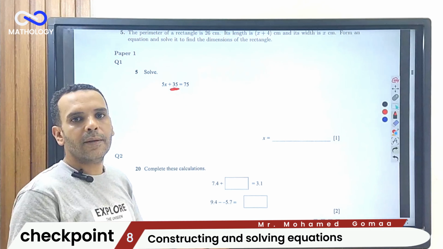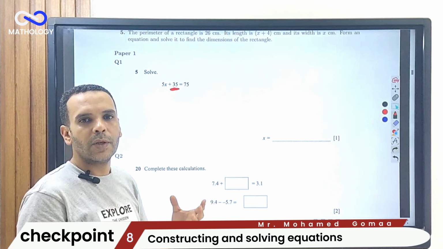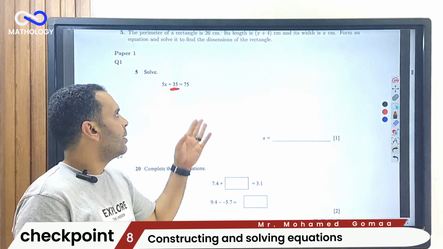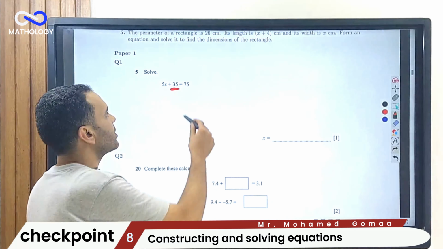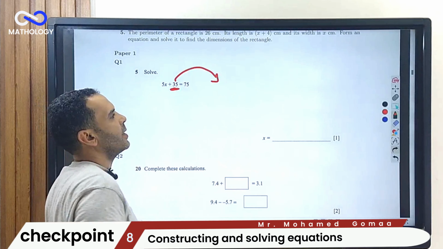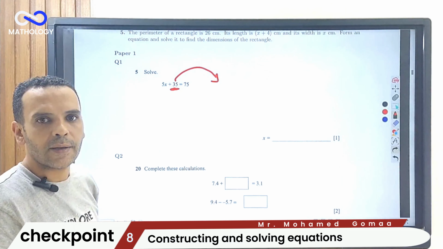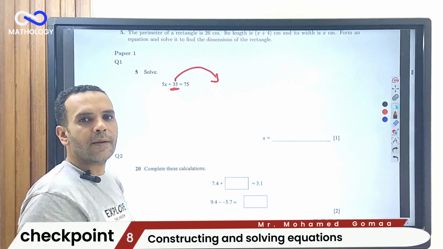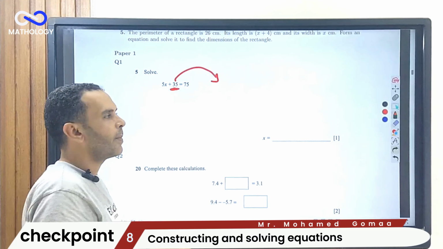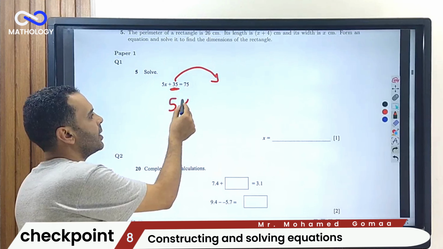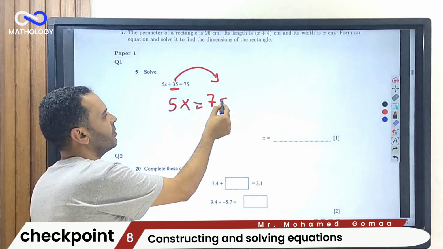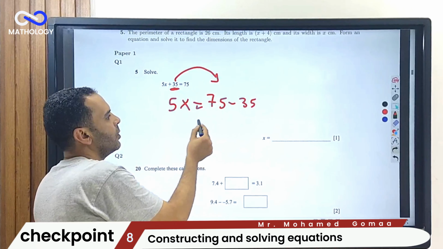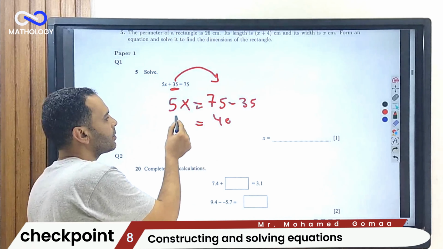We cancel the number beside x which contains plus or minus. Plus 35, transpose this number to the other side with opposite sign. If you have plus 35, transpose it to the other side with negative 35. It will be 5x here equals 75 minus 35, which equals 40.